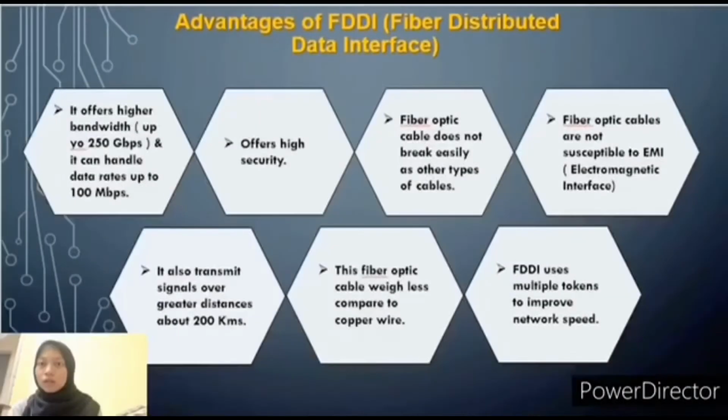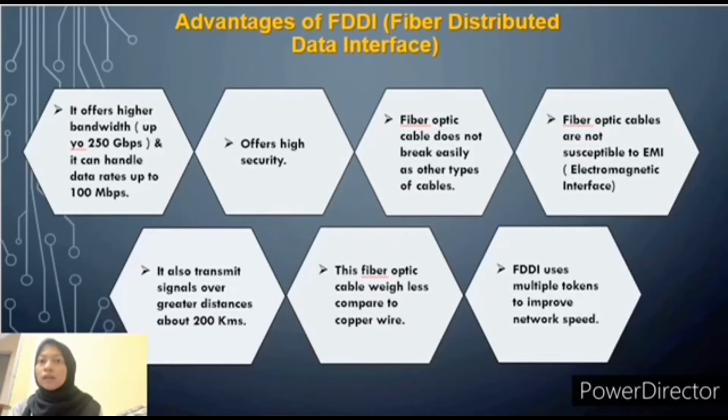The advantages of FDDI, Fiber Distributed Data Interface. First, it offers higher bandwidth and it can handle data rates up to 100 megabytes. Next, it offers high security, and the fiber optic cable does not break easily like other types of cable. These fiber optic cables are not susceptible to electromagnetic interference, and can transmit signals over greater distances, about 200 kilometers.